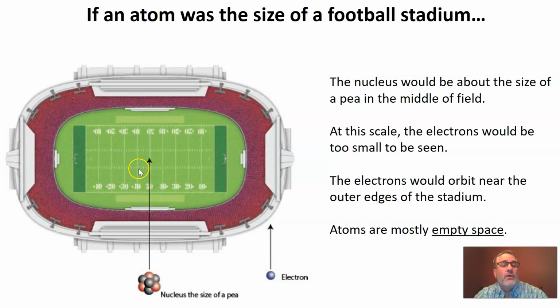Okay, so now let's figure out where this cloud is. So our cloud is going to be the outside edges of this entire football stadium. And remember, our nucleus is made of protons and neutrons, which are much larger than the electrons, which are going to be orbiting out here. So at this scale, we're going to have these almost invisible tiny particles that are going to be orbiting out here at the outside edge of our football stadium.